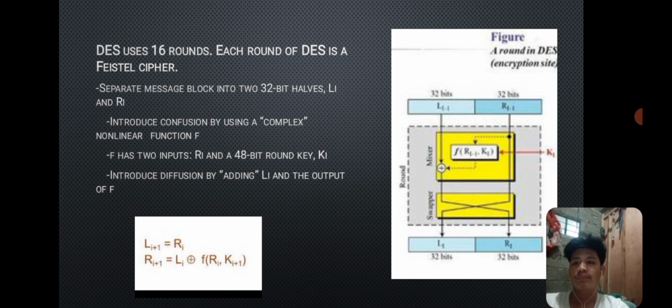F has two inputs, Ri and a 48-bit round key Ki. Introduce diffusion by adding Li and the output of F. And this is the figure of a round in DES.